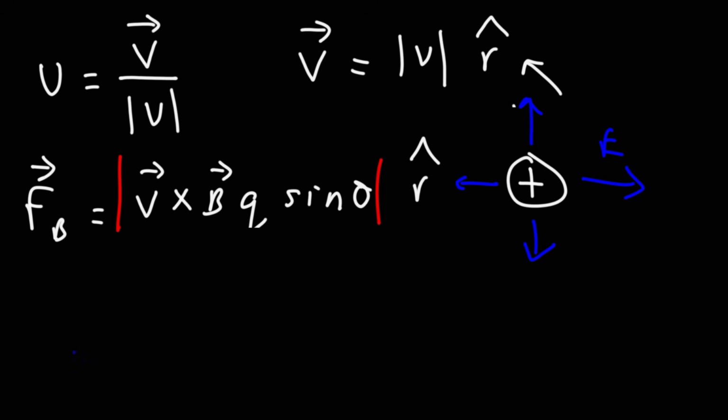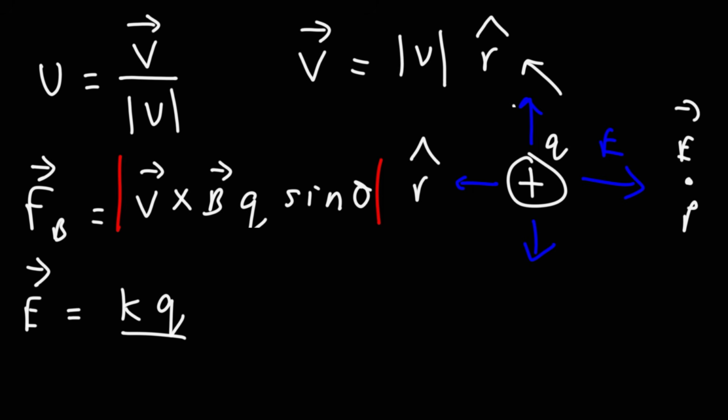To calculate the electric field vector at some point P, here's the formula for it. It's K, which is a constant, times Q, the magnitude of this charge, divided by R squared, where R is the distance between the point of interest and the charge, times R hat.